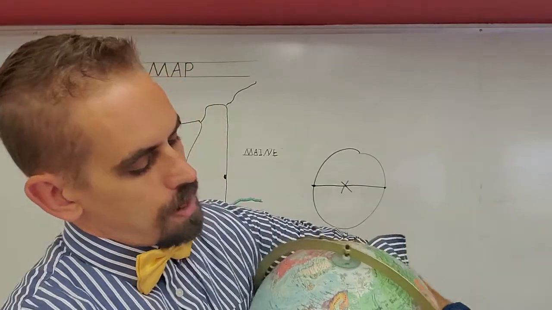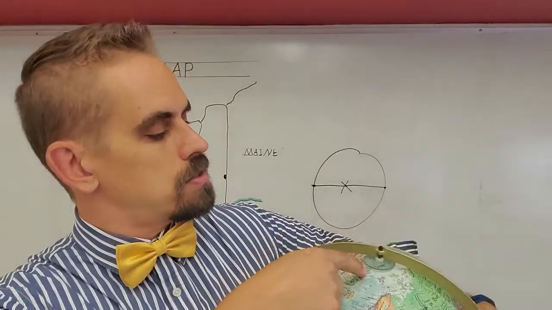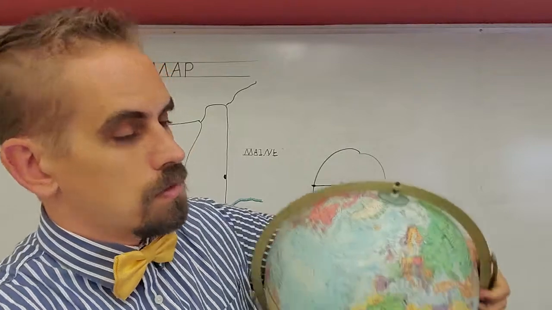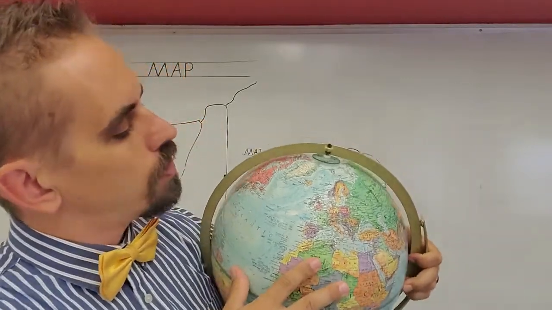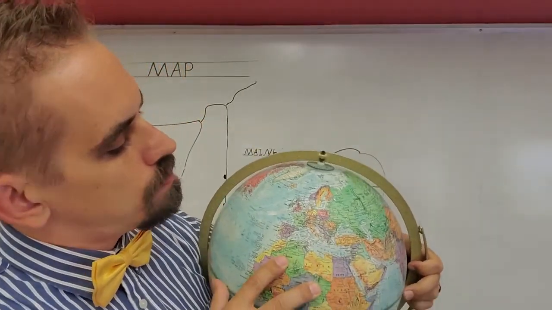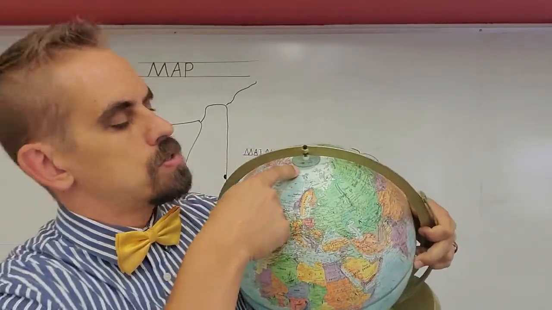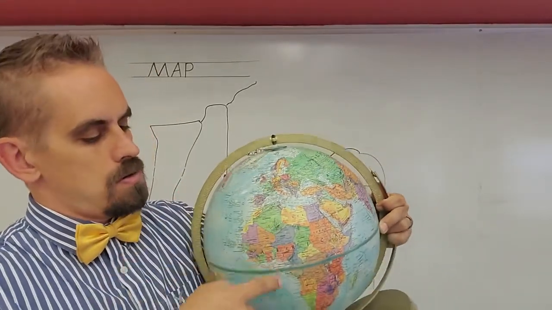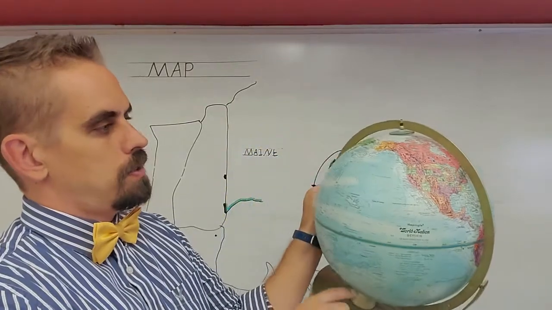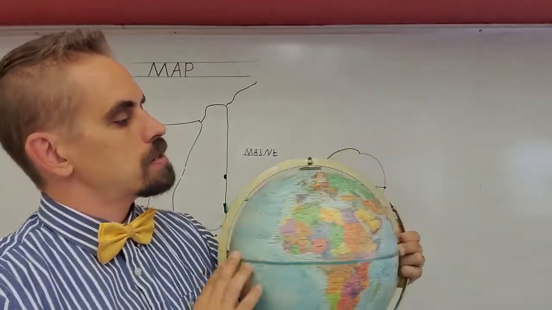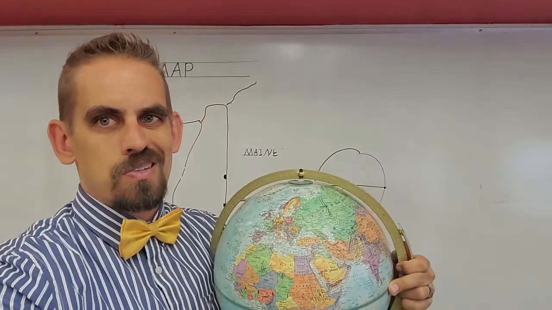So if you look on a map, there's a line that cuts the Earth in half vertically. So there's a line that goes down and then up the other side of the Earth, right? And it cuts it in half like this.